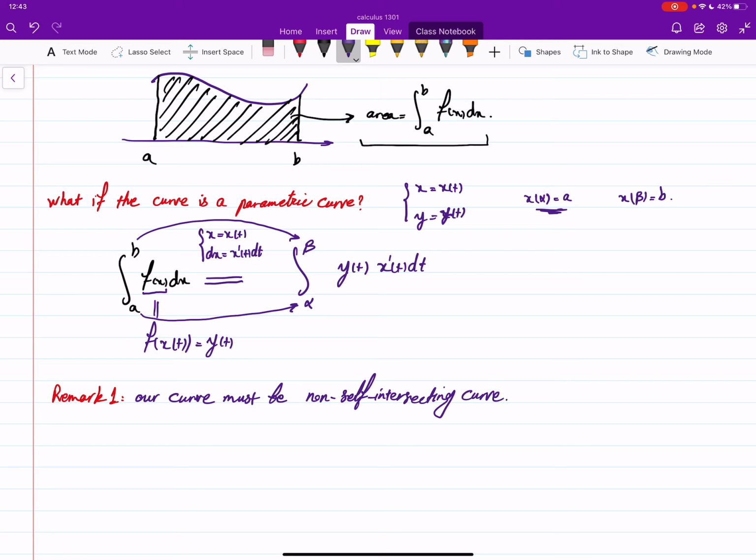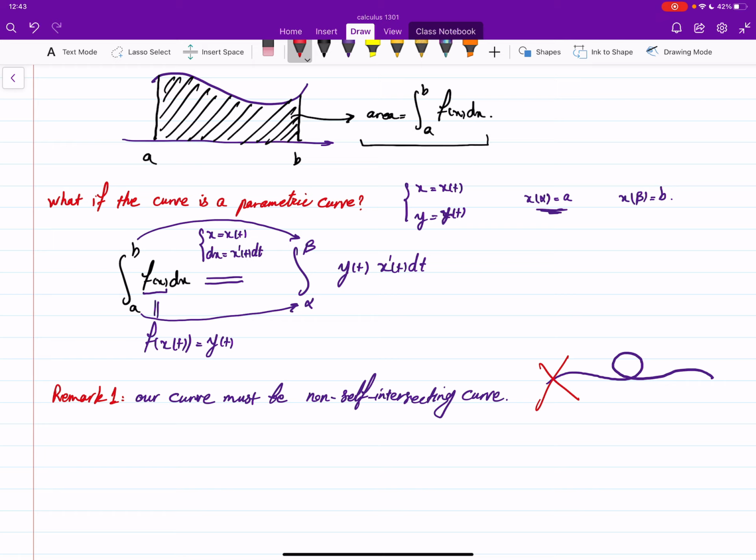When you work with a function, you don't need to worry about that because it's the graph of a function. But a parametric curve could be something like this, and we don't want to deal with these cases. You can find areas of such regions and do some work there, but for now, you don't consider those.